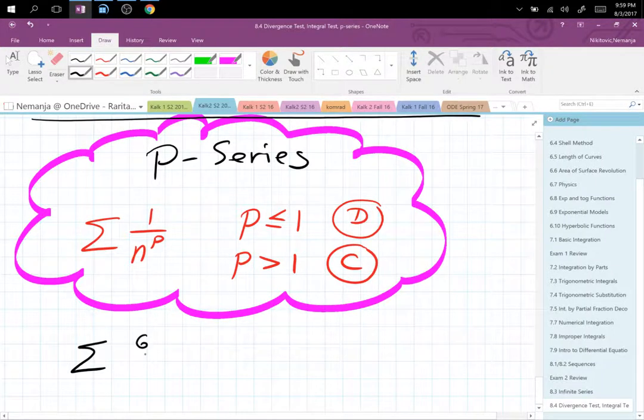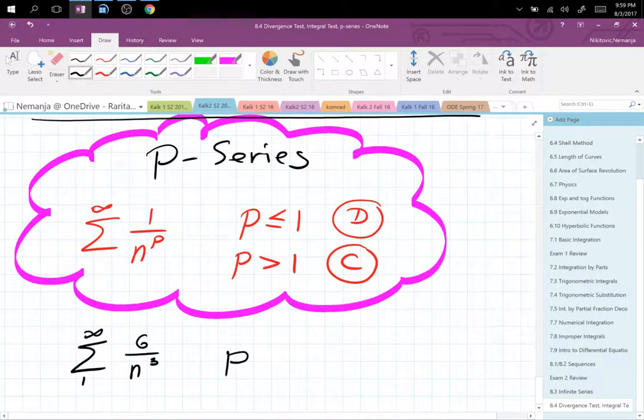Summation of 6 over n to the 3 from 1 to infinity. What do we have there? What do you say? Yeah, what do you write? You have to do something.